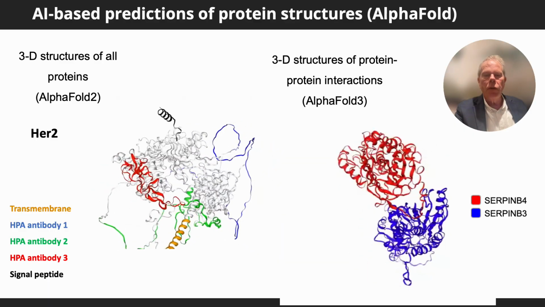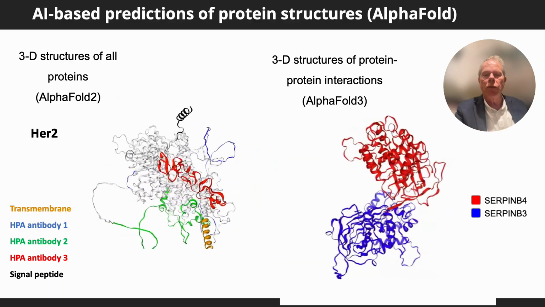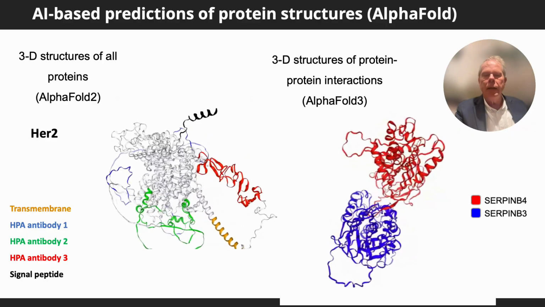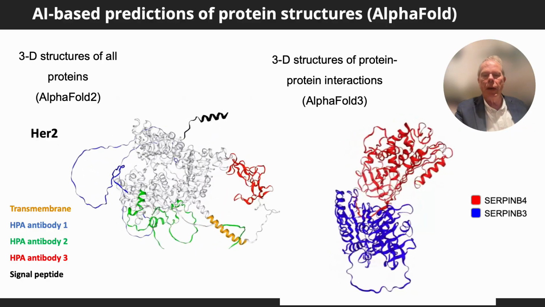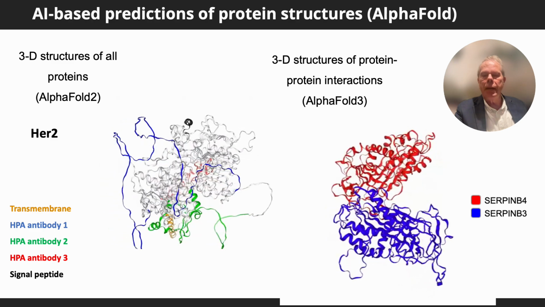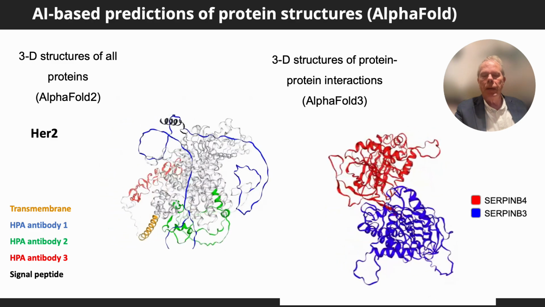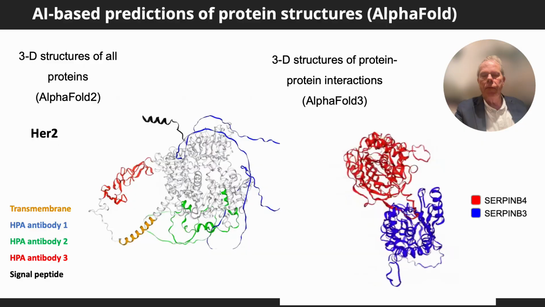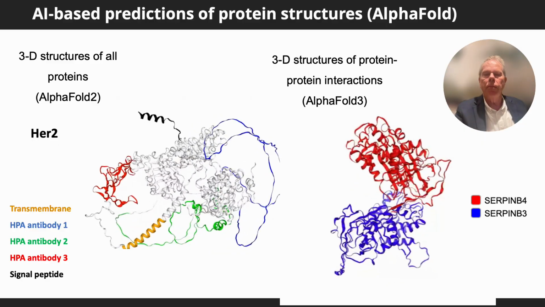But new in this version are the predicted structures of protein-protein interactions using AlphaFold 3. And here you can see the predicted interactions between two proteins, serpin B4 and serpin B3.